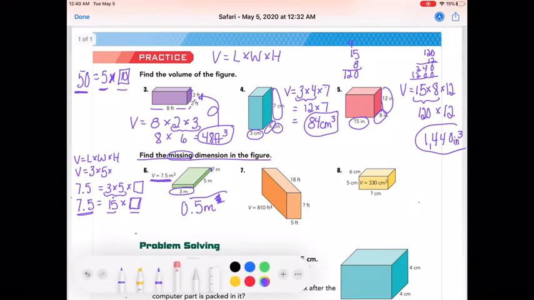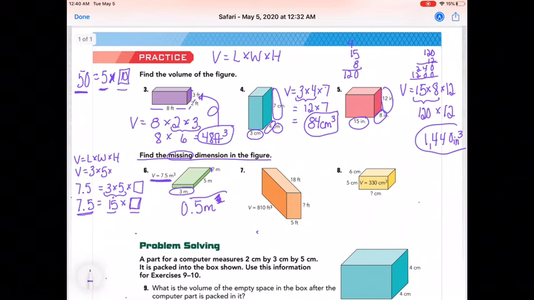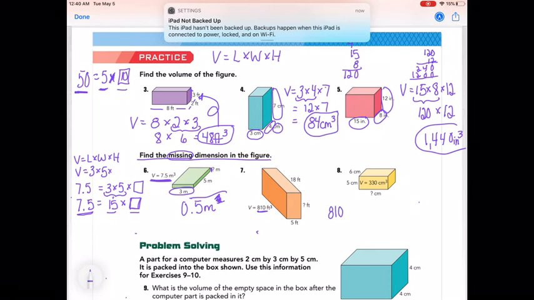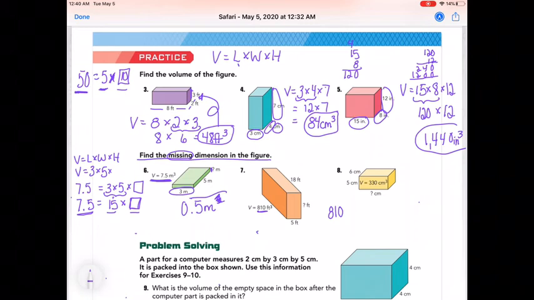All right, so here we go. We've got volume, which they already have right here. Look, they gave us the volume. So we have 810 feet cubed equals length times width times height equals 5 times, we don't know the height, but we do know the width. 5 times 18 times what is going to equal 810?